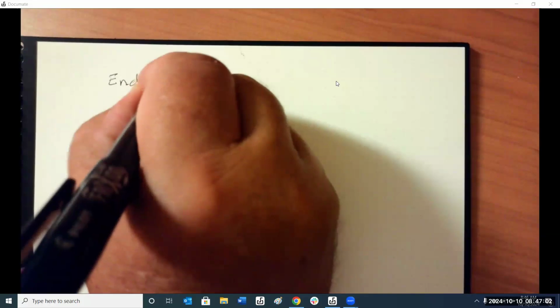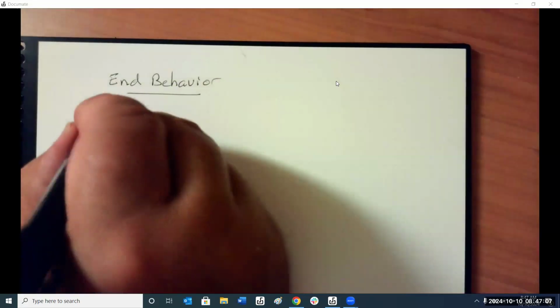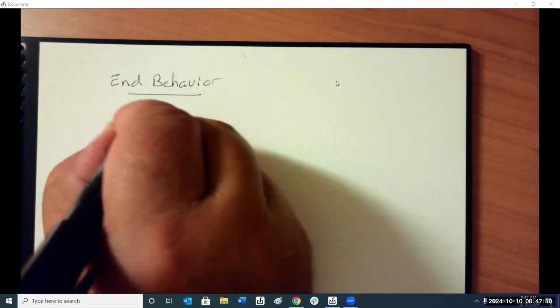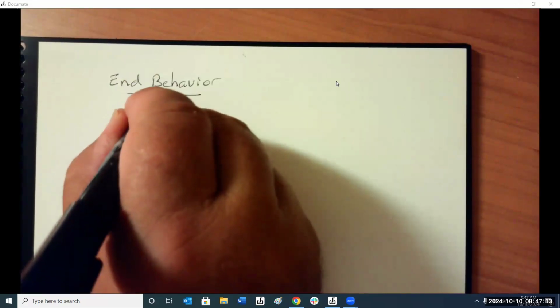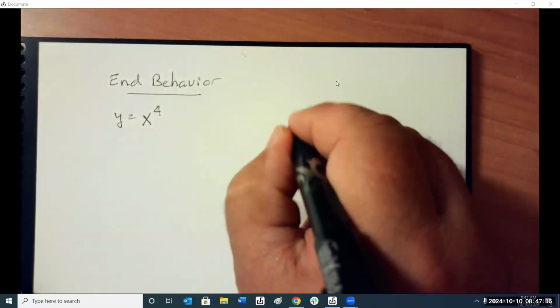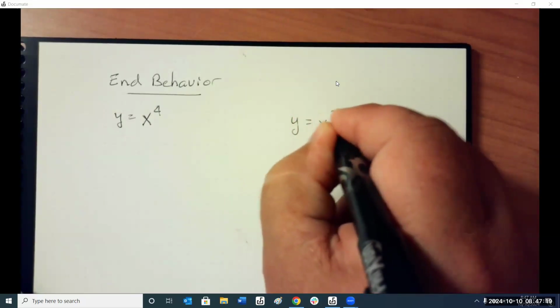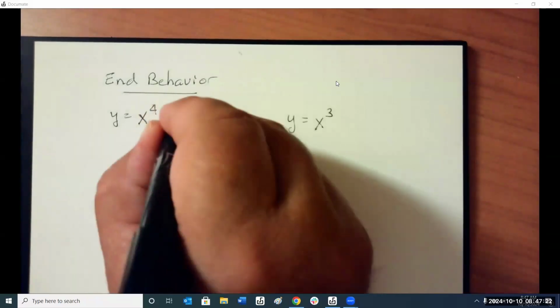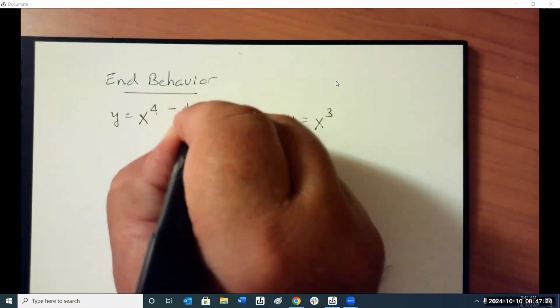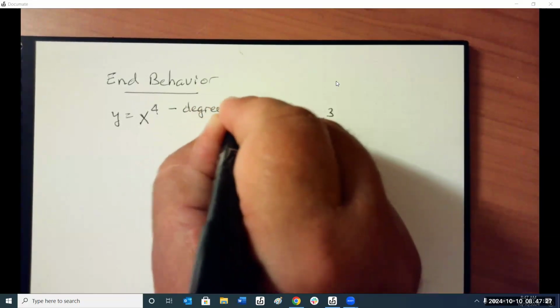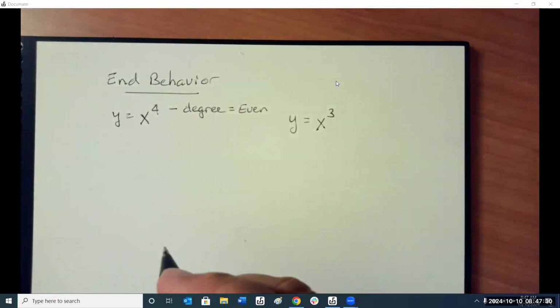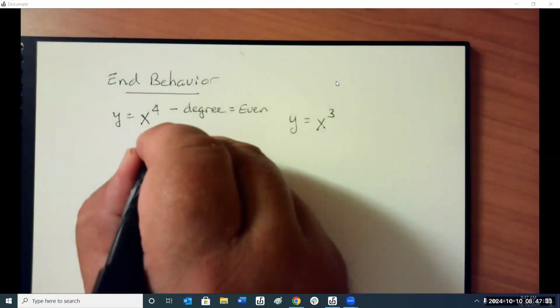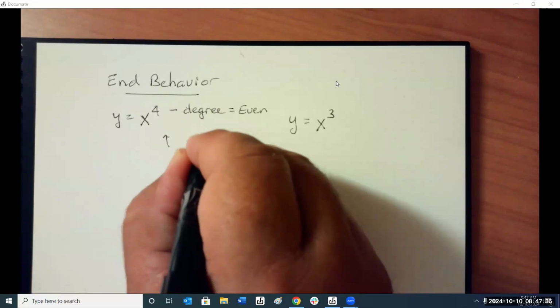But more so, we call this end behavior. If the degree is even, both ends point the same direction.